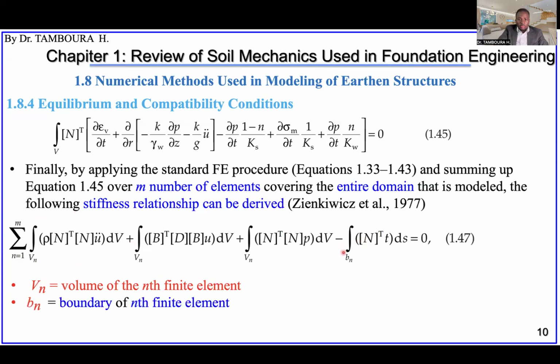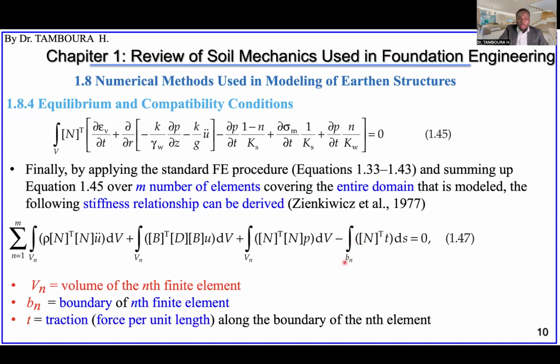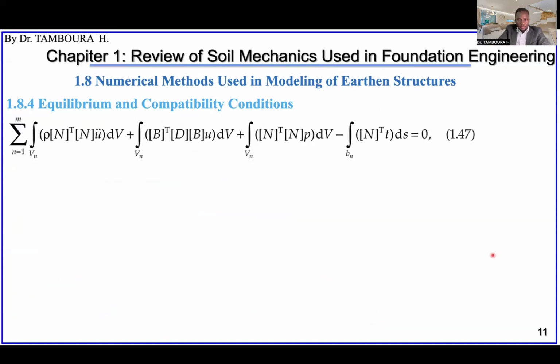And Bn here is the boundary of the nth finite element. T, you can see T here, I think, is traction force, meaning force per unit length along the boundary of the nth element. Let's keep this equation here.